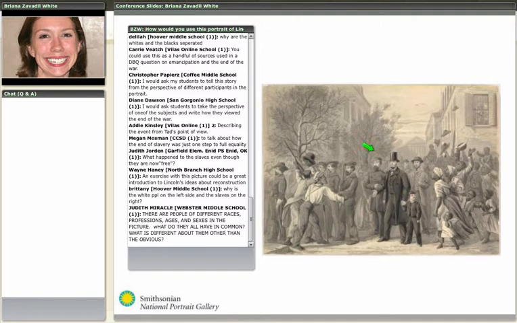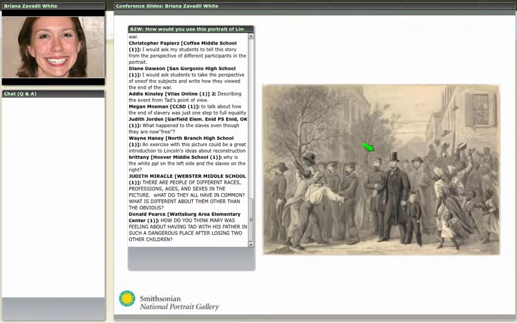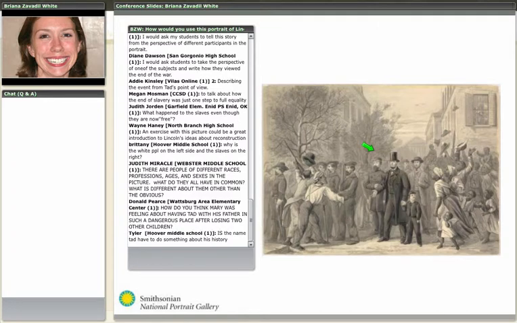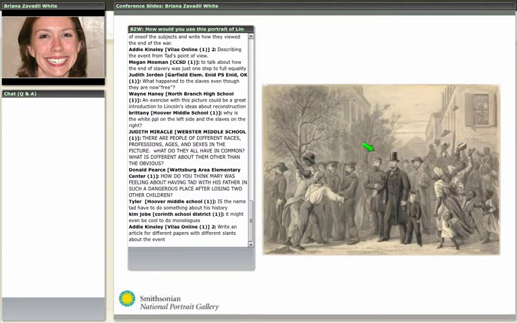And I think that you can go about doing this in so many different ways, whether having students write a journal entry or write a newspaper article from the perspective of various people who could be in this scene, or who could have witnessed it. Monologues is also another great idea.